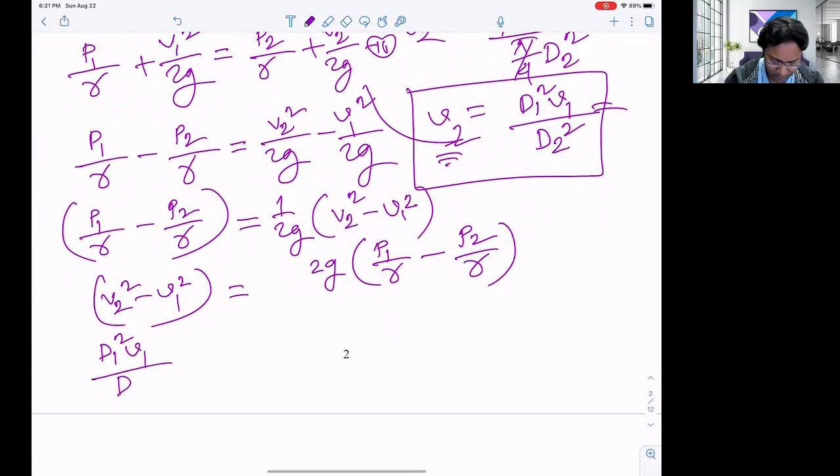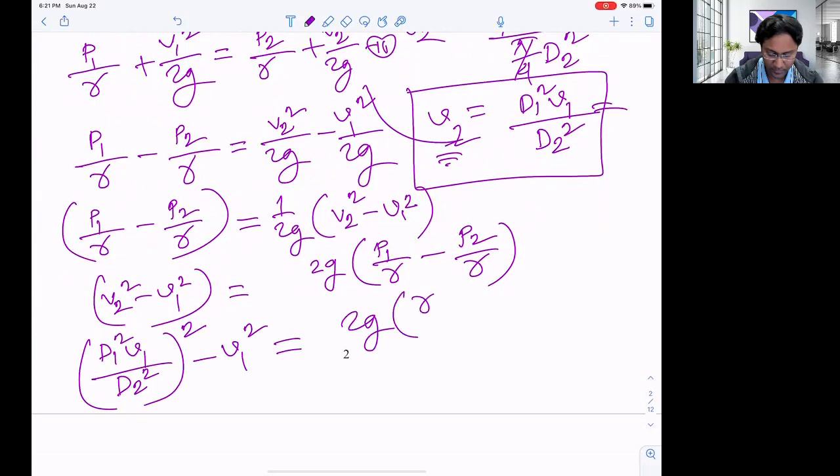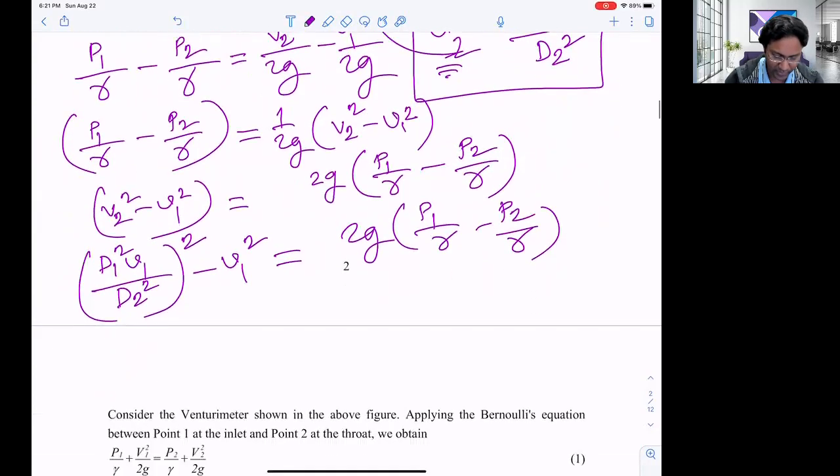d2 square. Since it is v2 square, we are replacing the values of v2, so it will be squared, and v1 squared is equal to twice g, p1 over gamma minus p2 over gamma.